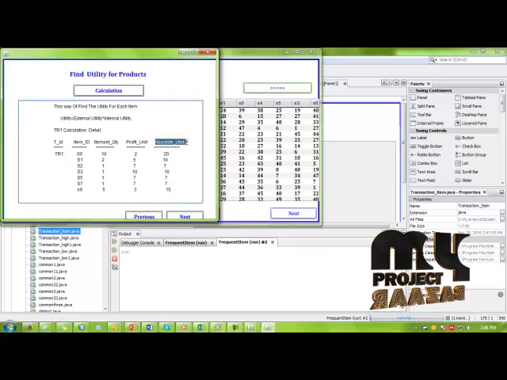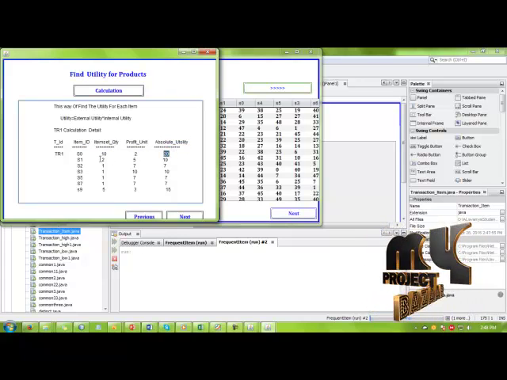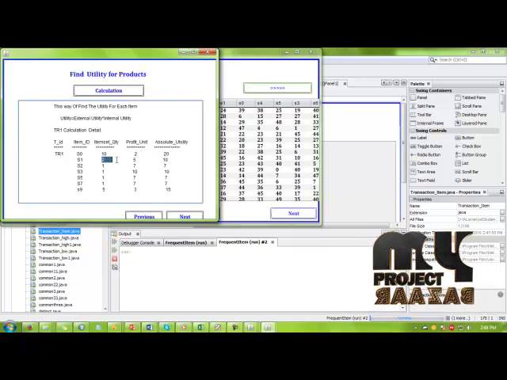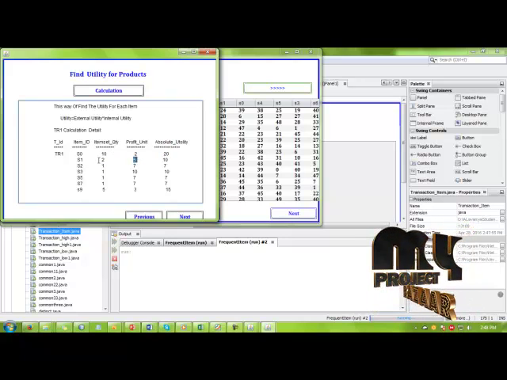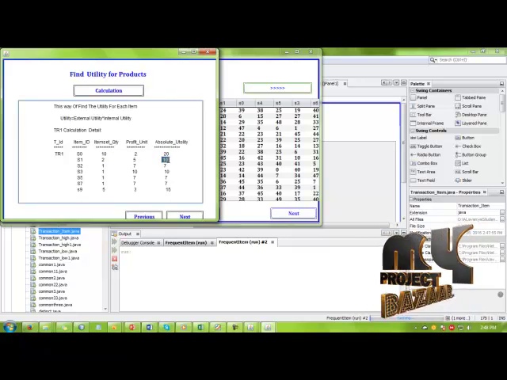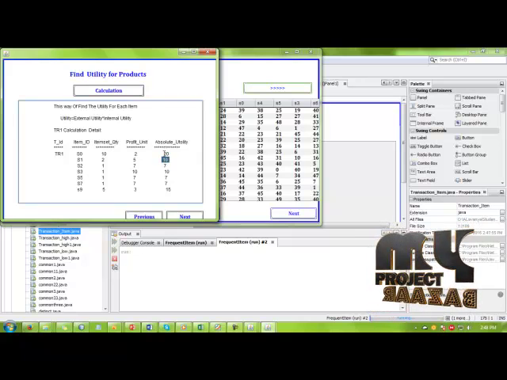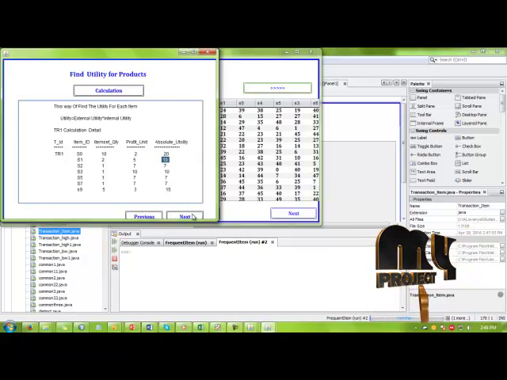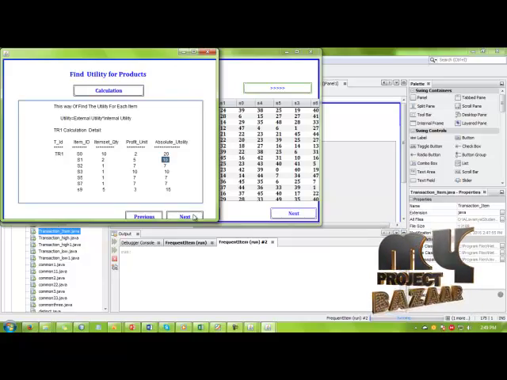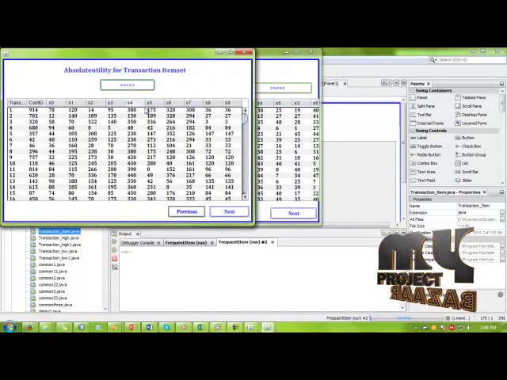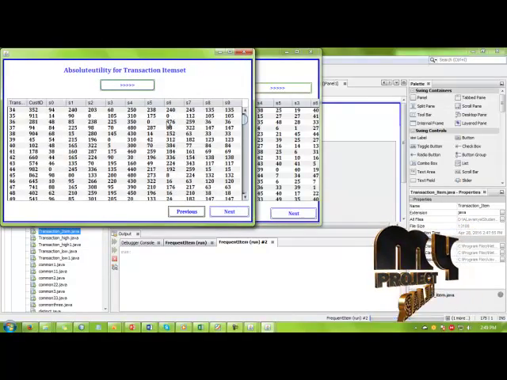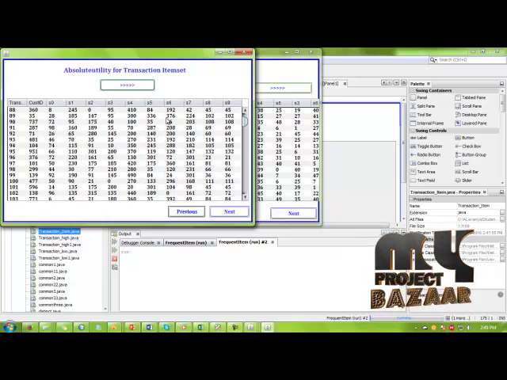So the overall absolute utility for the market is 20. For the product purchased 2 times, the profit unit is 5, so the absolute utility is 10. Likewise, we calculate the absolute utilities for each product. After that we update those absolute utilities in the transaction item set.